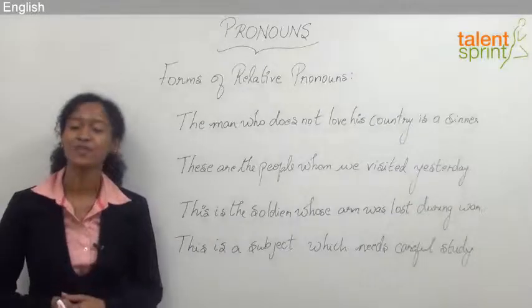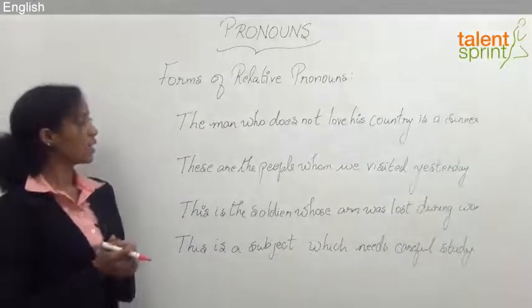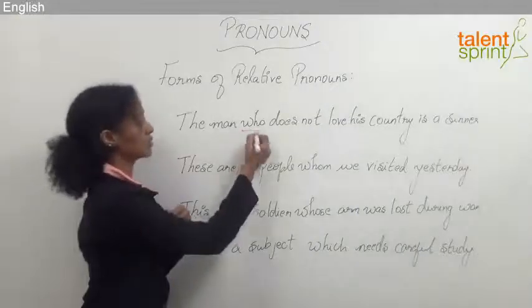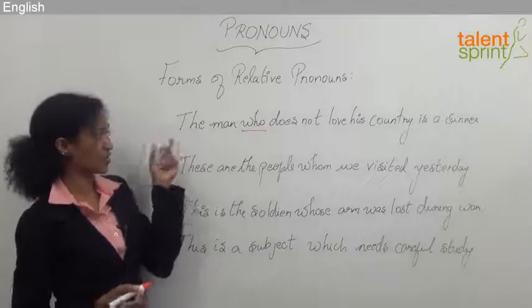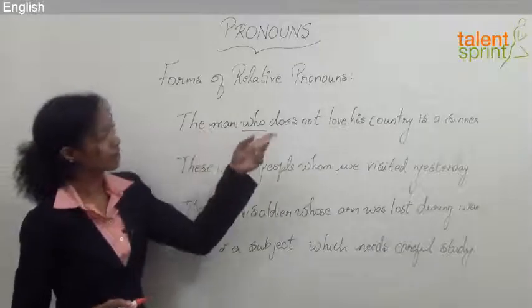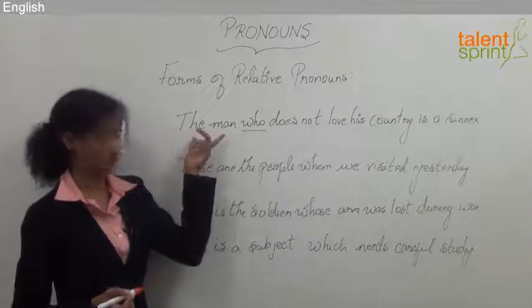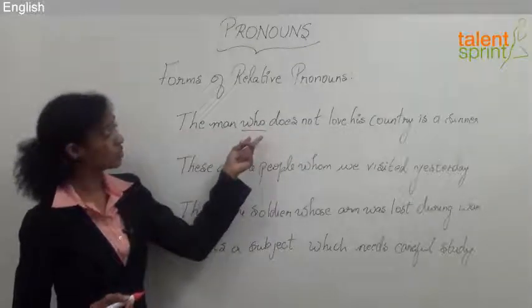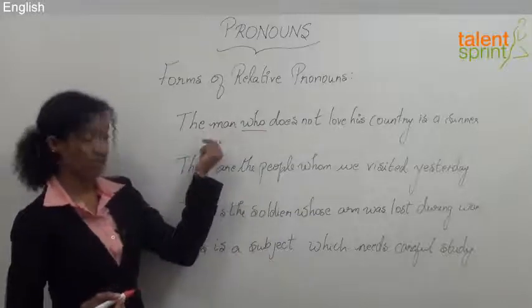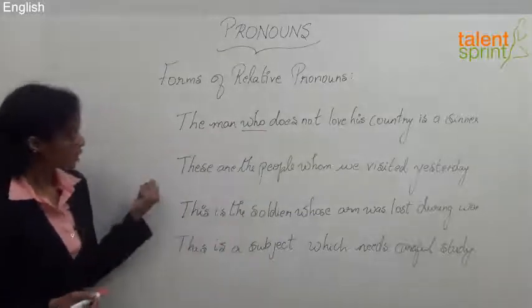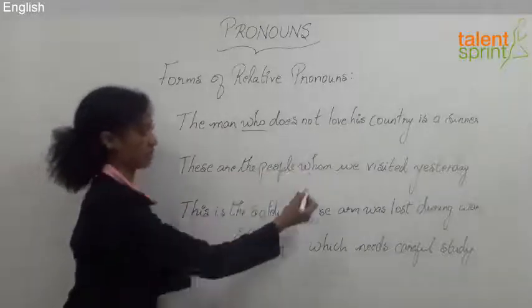Let's look at some forms of the relative pronouns in certain examples. Now, the pronoun who is used for a person in the subject or nominative case. So here, the man who does not love his country is a sinner. The man is our noun, right? So who is used in the subject or the nominative case mostly. The second one: these are the people whom we visited yesterday.